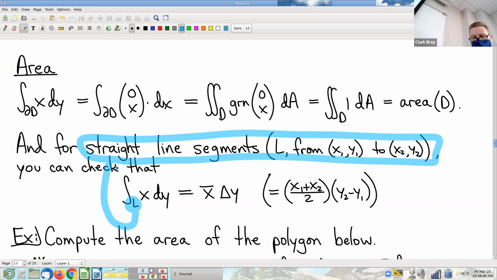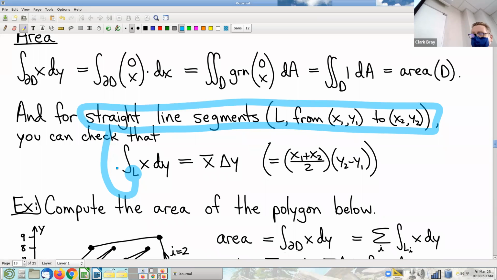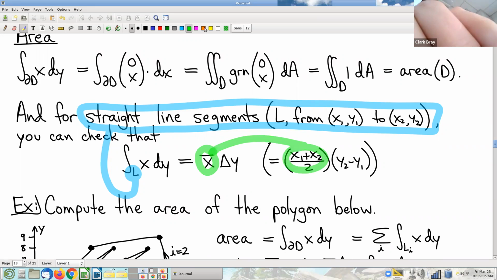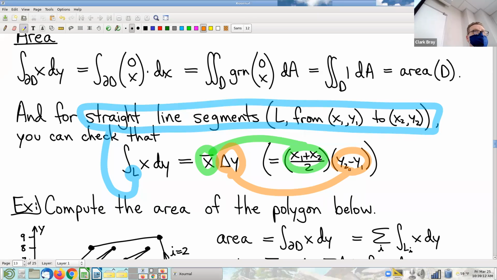This specific integral x dy on a line segment is the average value of x, just average the x coordinates of the endpoints, times the change in y as you move along that line segment. So y2 minus y1. Just a snap, nothing to it.